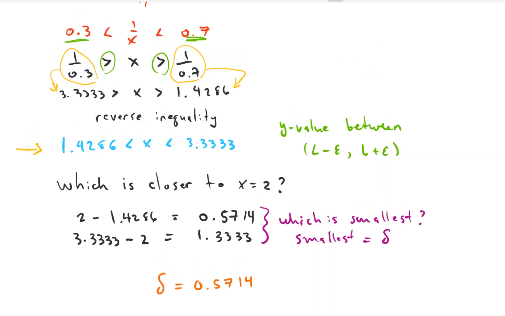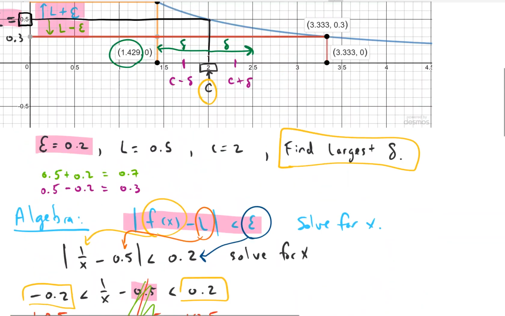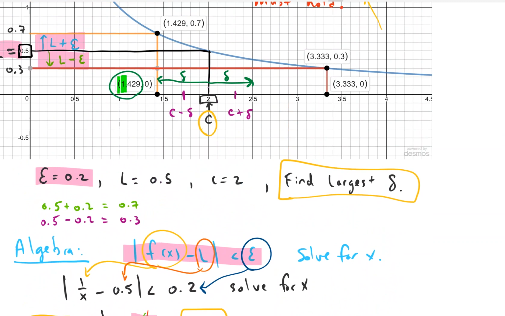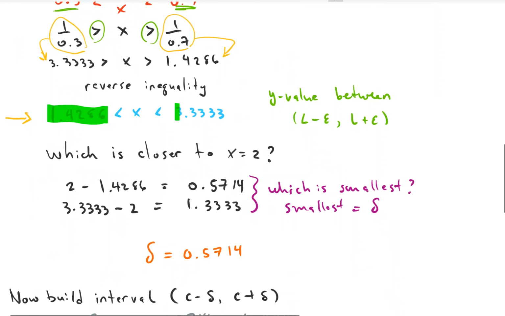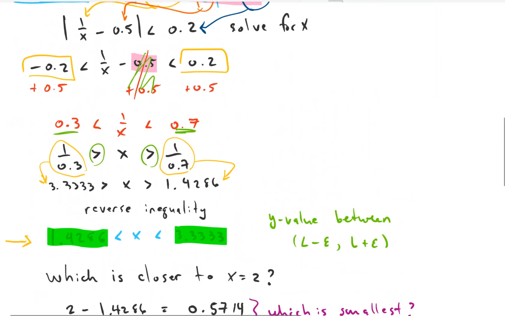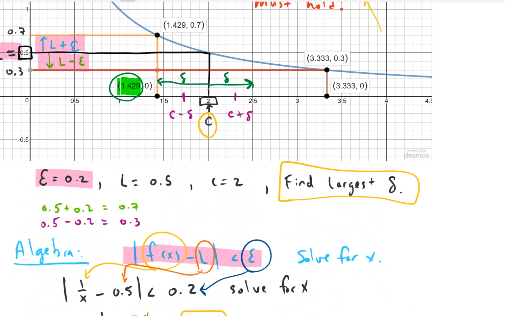Notice this is actually interesting, because this number right here, 1.4286, that we just found algebraically, is exactly the same number there, just rounded to 3 decimal places. So that means 3.333 is probably this number right here.